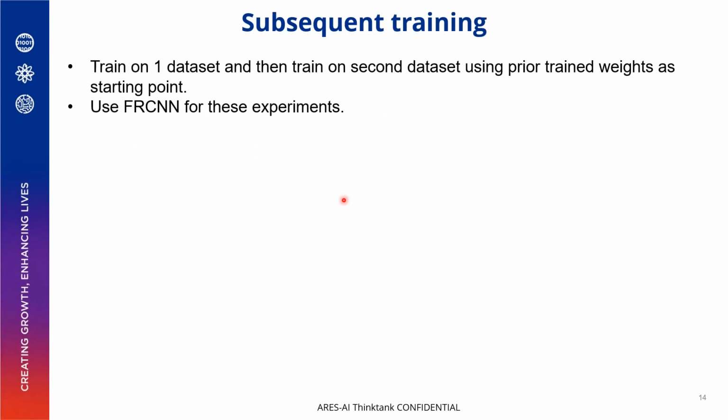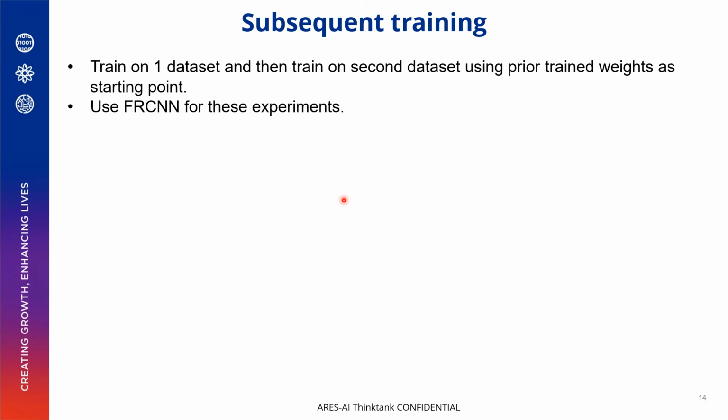Now, the next type of experiment we did is on both chart dataset as well as our Pascal VOC and MSCOCO datasets. In this, we try to look into a problem where you had a model that you trained on one dataset, and then another dataset arises consisting of the same classes that you want to train, but there's a change in data distribution.